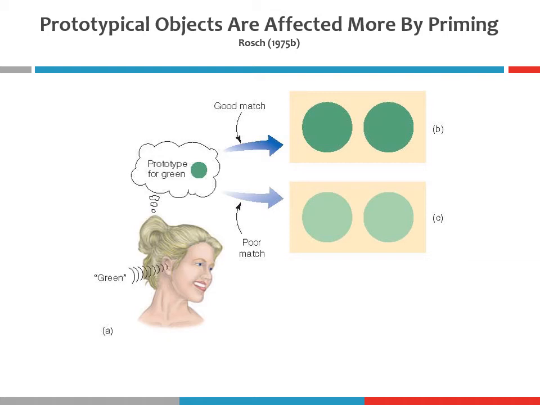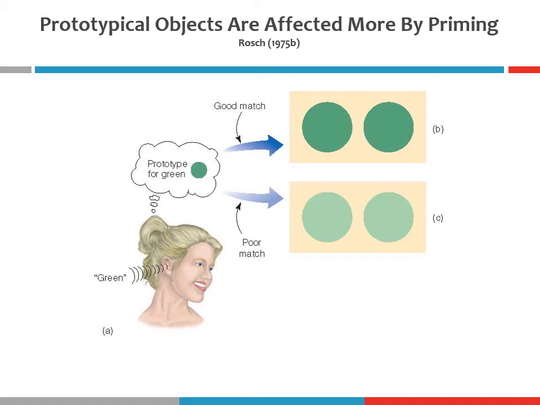Okay, so what they found is that priming, or hearing the word green first earlier in the experiment, resulted in faster same judgments for the prototypical colors at the top. For the prototypical colors of green at the top, it took participants an average of 610 milliseconds to respond and say, yes, those colors are the same, as opposed to the bottom condition where the color is less prototypical.